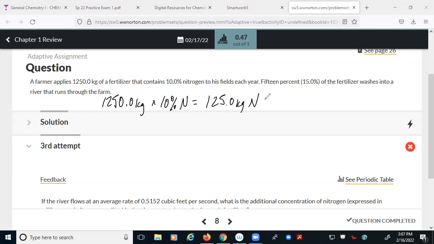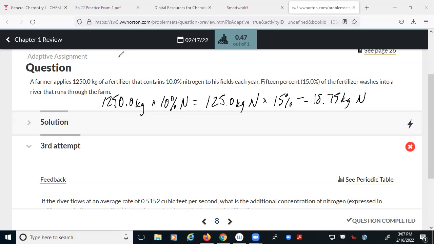And then a further 15% of those are being washed into the river as the river flows. So 15% of that 125 now gets us to 18.75 kilograms of nitrogen in the river.